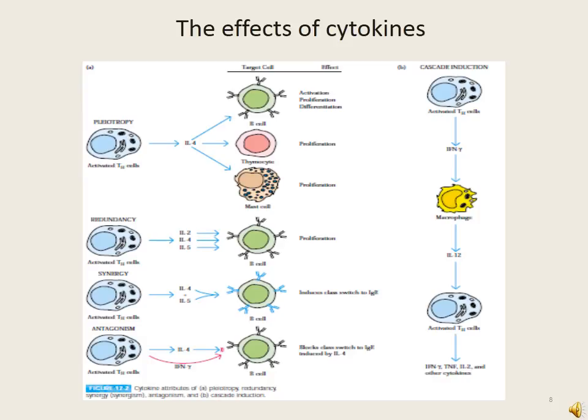That is, IL-4 can act on B cells and induce the B cells to go on to proliferation and differentiation, while interleukin-4 can act on thymocytes and induce the thymocytes to proliferate. The same, interleukin-4 can let the mast cell go on to proliferation.